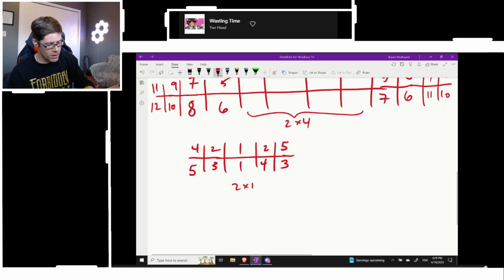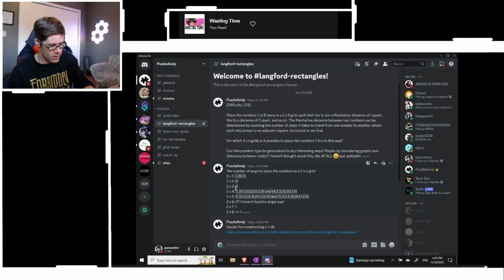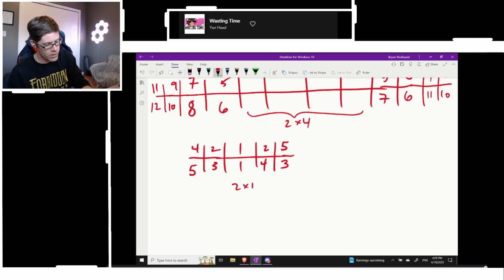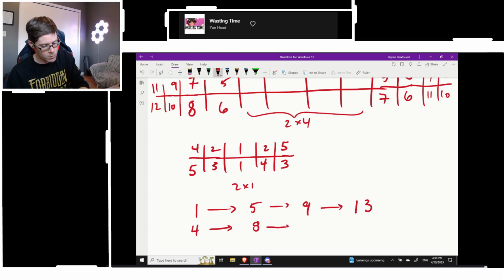So what do you know works again? You know that 1 works, 4 works, and 5 works. That's interesting. So 1's going to lead you down a path to 5, and then we can use that to prove 9, right? We can just keep adding 4 to it, right? We know that 4 works. 4 leads us to every possible multiple of 4.